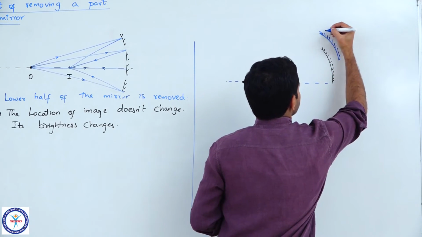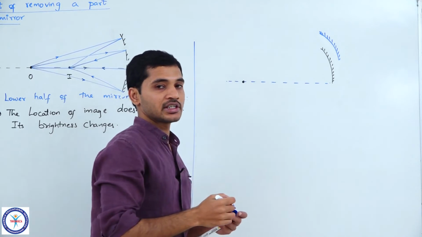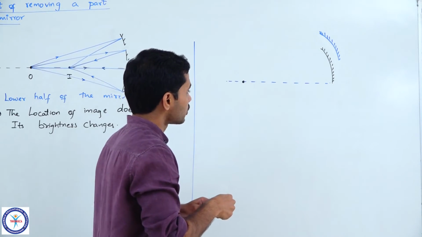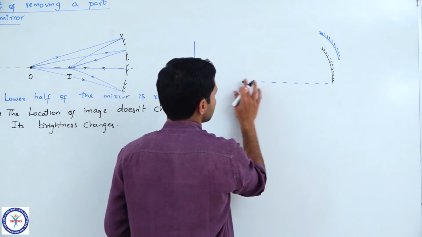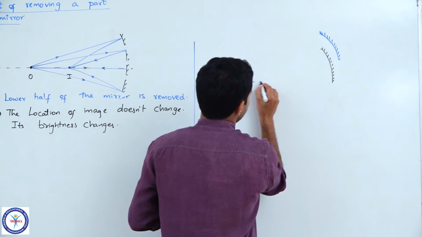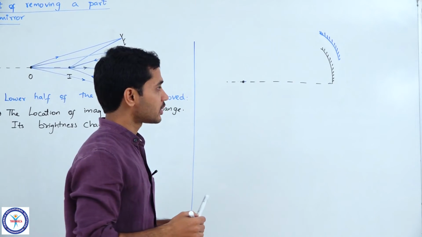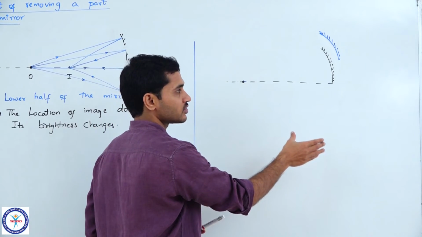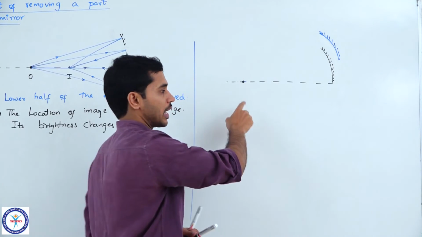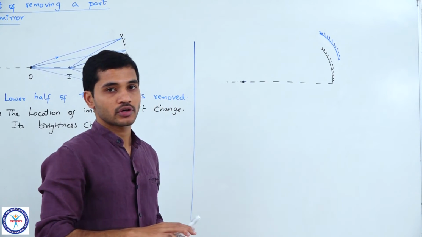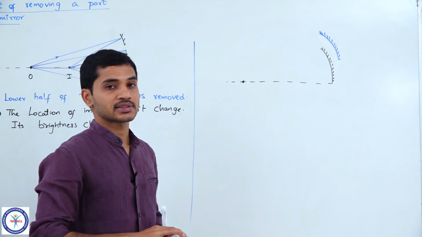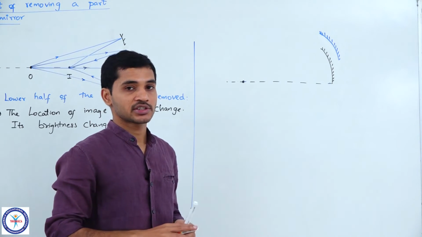So, which means I have just shifted the mirror vertically upwards, or let me draw this principal axis also in black. So, this was the initial position of the mirror, right. Now, what I have done was I have just shifted the mirror upwards. I am not changing the location of the object. Now, what will happen in this case? Will the image of this object change?